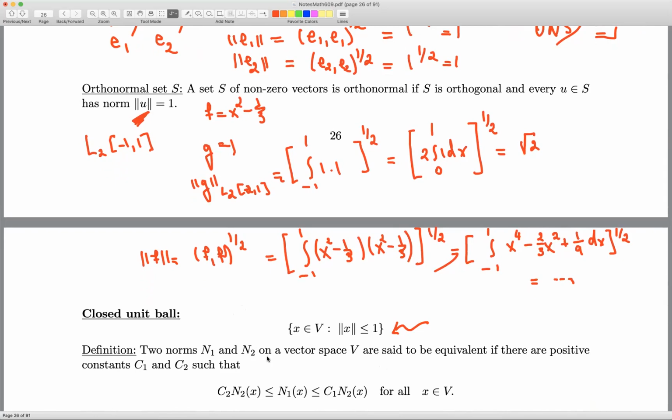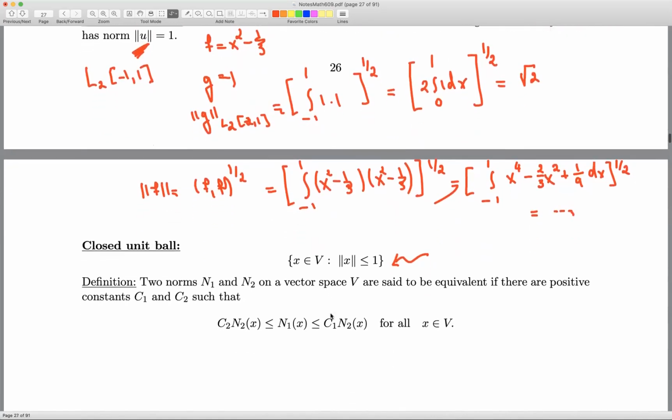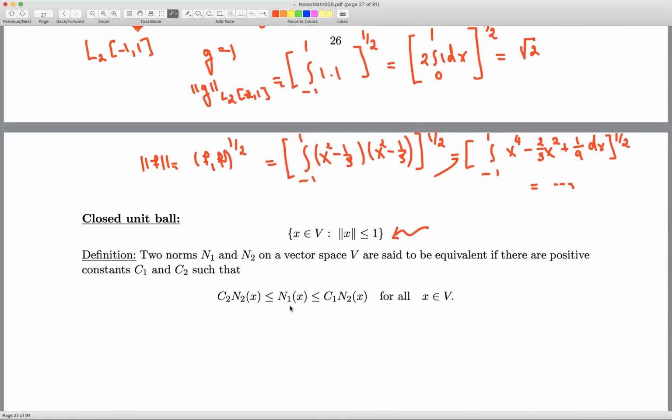If we have 2 norms, N1 and N2, on a vector space, we say that these 2 norms are equivalent if there are positive constants C1 and C2, such that the N1 norm of the element X is between C1 times the N2 norm of X and C2 times the N2 norm of X. So it's bounded from below and from above by a constant times the N2 norm of the element X. This is true for all elements X in the vector space, and the constants C1 and C2 do not depend on X. They are once and for all.